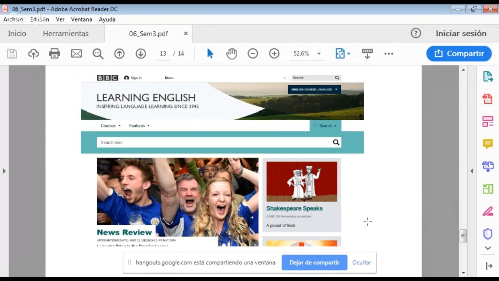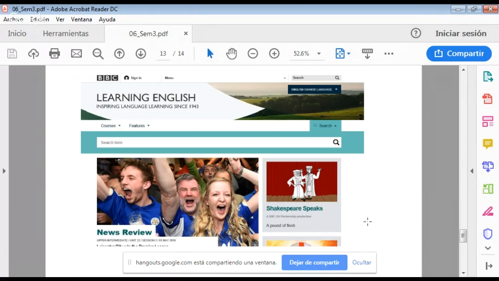Fíjense que la lectura en cualquier idioma tributa mucho al vocabulario, nos permite aumentar nuestro inventario de vocabulario y eso también nos permite tener mayor fluidez.